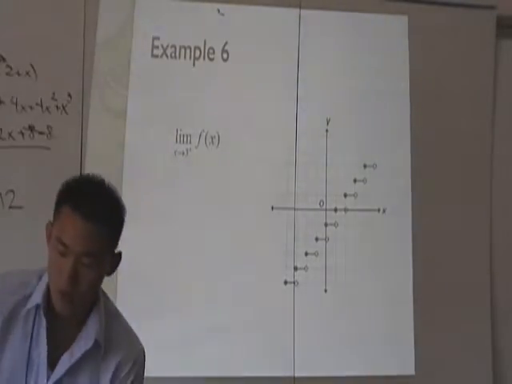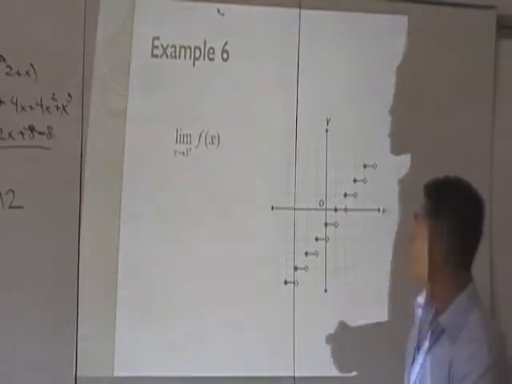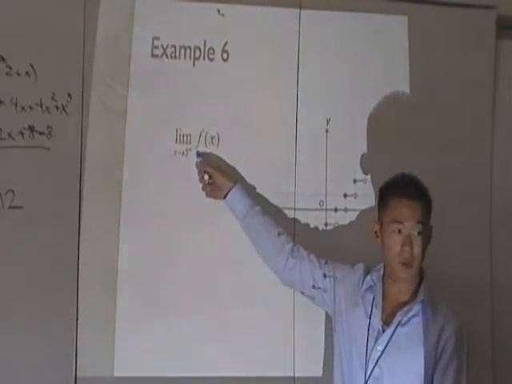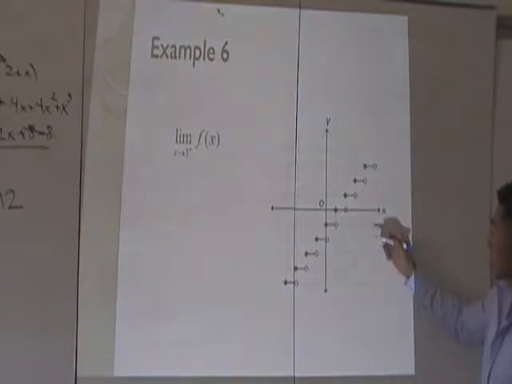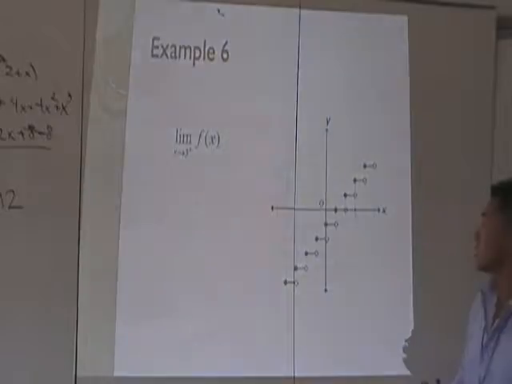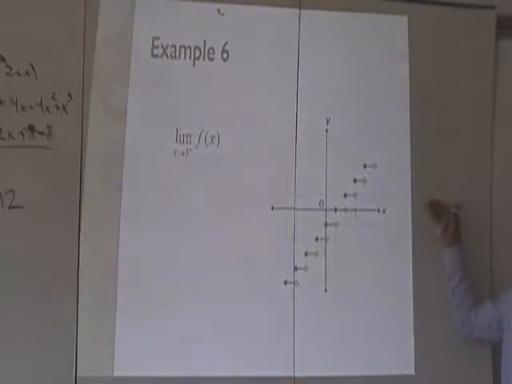Alright, so if you can't see this in the back, it's 3 approaching from the right, so it's a small plus sign. Okay, here's 3. X on your x-axis is approaching 3, so it's approaching this number here. And it's approaching it from the right, so we're going to start on the right side, we're approaching it this way. When we're approaching it this way, tell me when it actually starts hitting a graph.